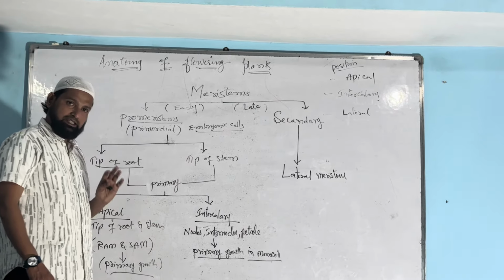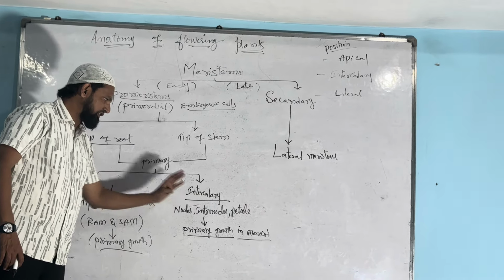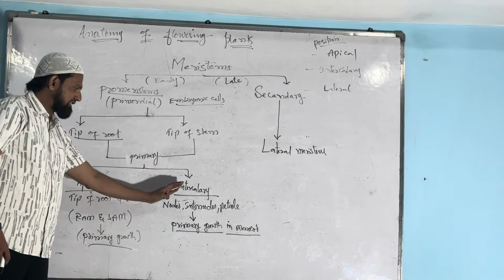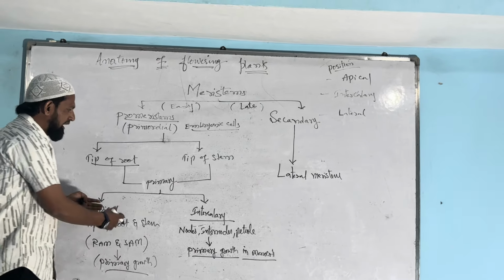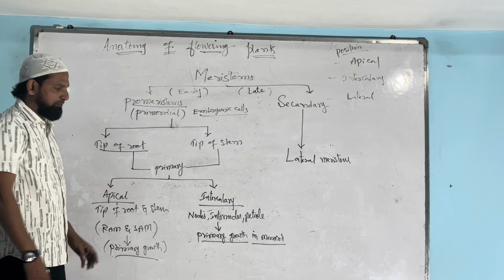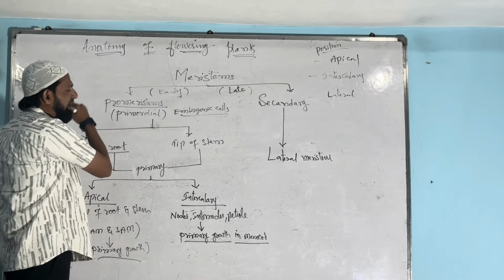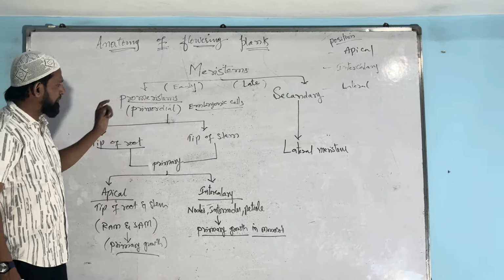Okay. Now once again, primary growth, location is different. This is intercalary, this is apical. Both of them combined together, primary. And this primary comes under one type of promeristem.